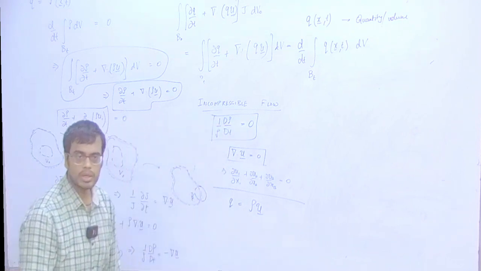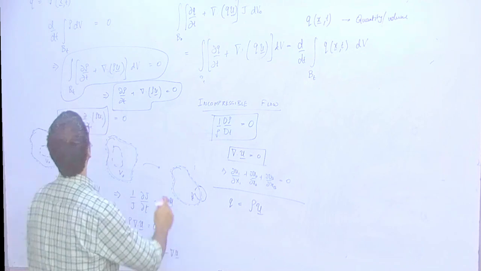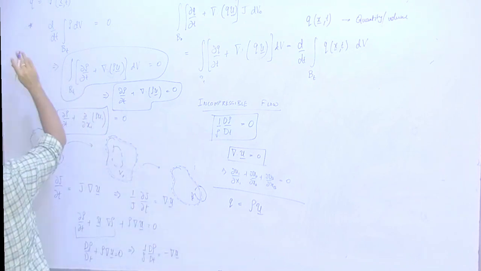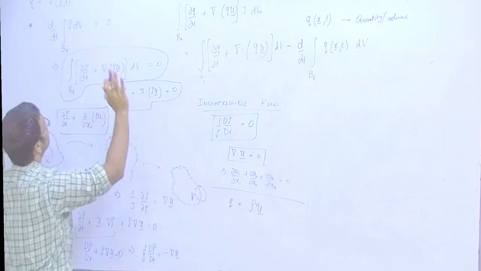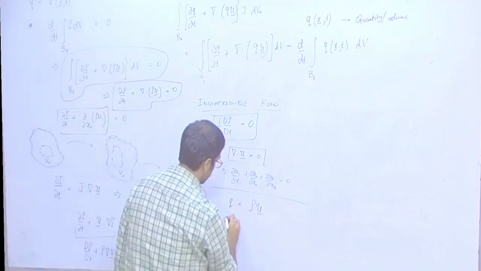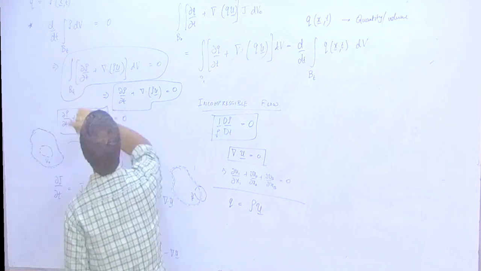So if I denote q with this, then we know the physics law. Let me just make a star that these are the axioms that we consider hold true. So the star is saying that d by dt of the mass is 0.